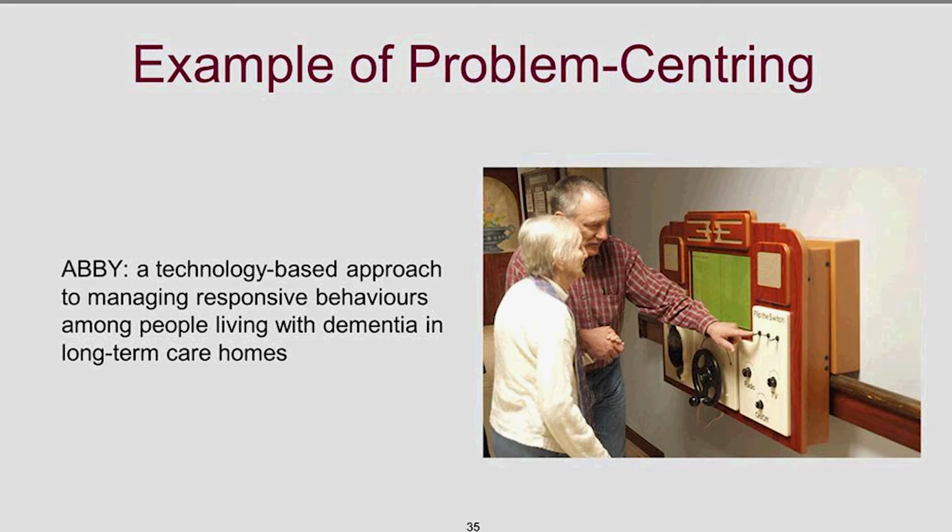At the end of the day, the main aspect of the research was studying the effects of the device on the people who have dementia, on their families, and on the caregivers, using a whole range of measures and data collection methods. And as I understand it, it's still an ongoing project.